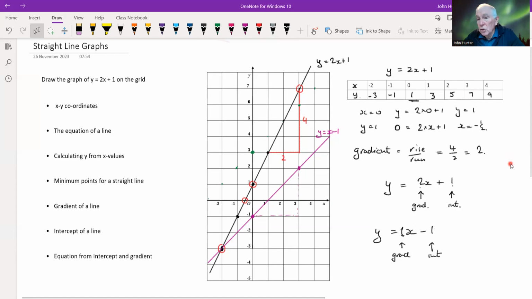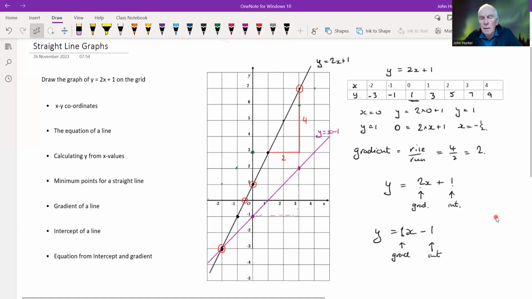But actually, we only need 2 points, so we could draw a line from 2 points. Or if we're shown a line, we can calculate the gradient and the intercept, and we can do either of those or both of those. And if we do both, then we can just plug those numbers for the gradient and the intercept into our equation, and it will give us the equation of the line.